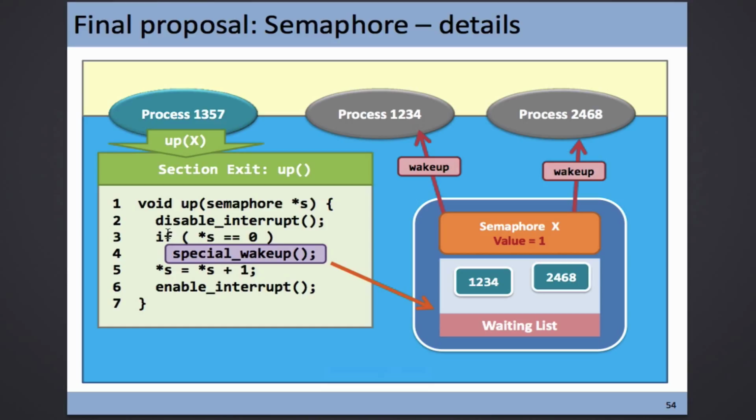Yes? Why do we need to check whether S is equal to 0? Because I think when there is a process using this. Oh, so that means you don't want to check, and call wake up unconditionally. No, I think S must be 0.